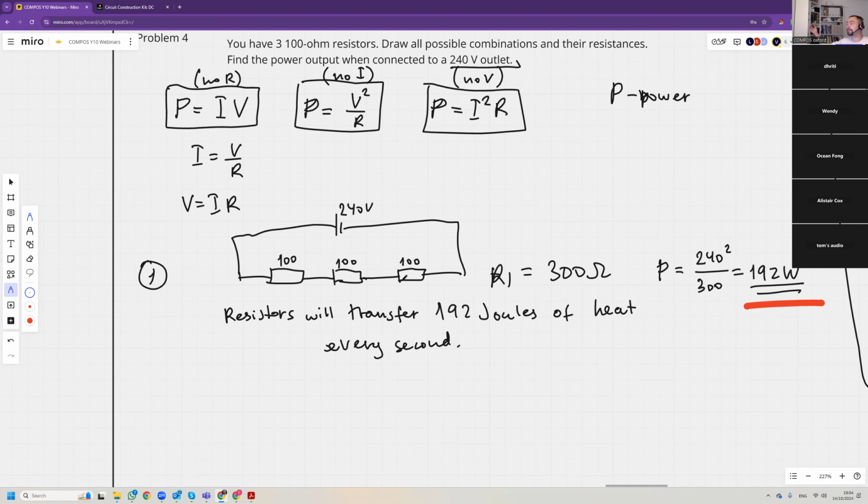So they will heat up. Resistors heat up. That's what they do. That's how your electric heater at home works. You switch it on, there's a resistor inside, it heats up, and it gives you heat. 192 watts is not a lot, honestly. It can barely heat one room. A typical electric heater starts with 500 watts.